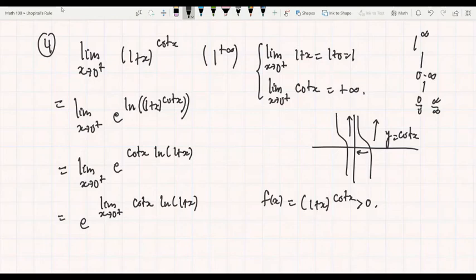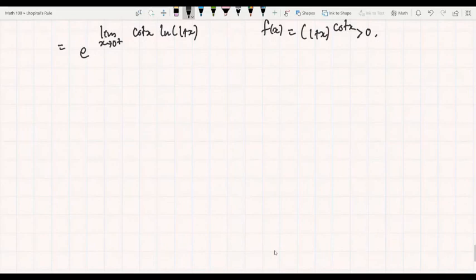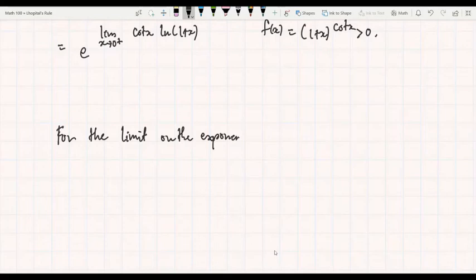So we have reached the part where we need to evaluate the limit on the exponent. So let us first consider that limit before we evaluate this one. So for the limit on the exponent, we have the limit as x goes to 0 plus of cotangent x ln of 1 plus x.